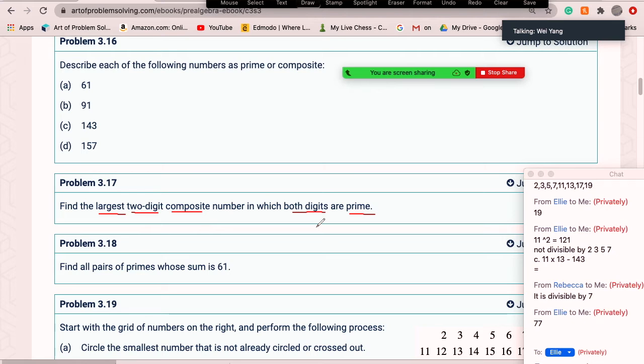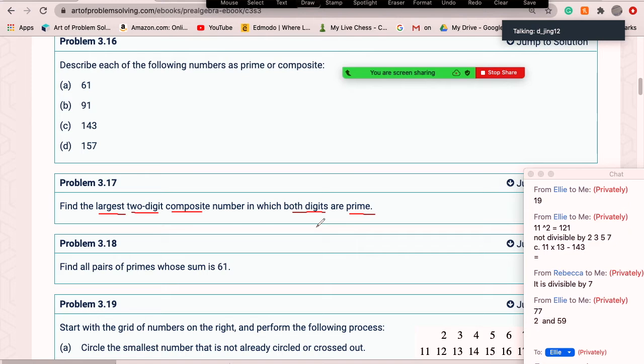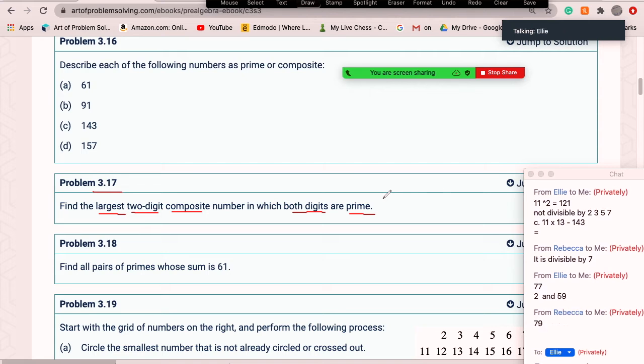So Diego and Rebecca, what's your answer for 3.17? Is mine correct?